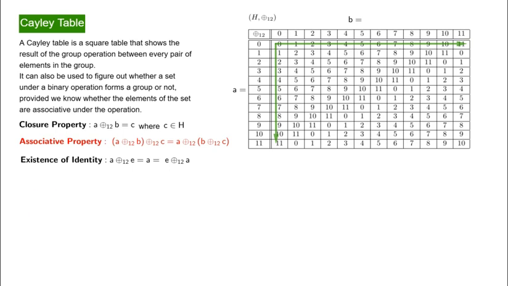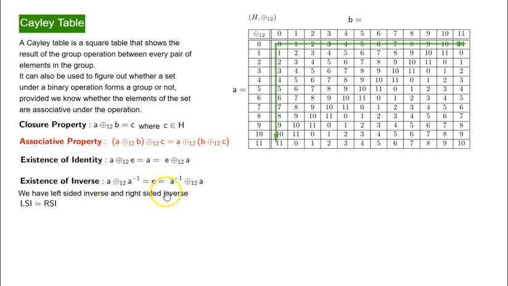What next? The next axiom is the existence of inverse. What does it say? A addition modulo 12 A inverse is equal to E, which is in turn again equal to A inverse addition modulo 12 A. So the way we figure this out is, let us take an example.